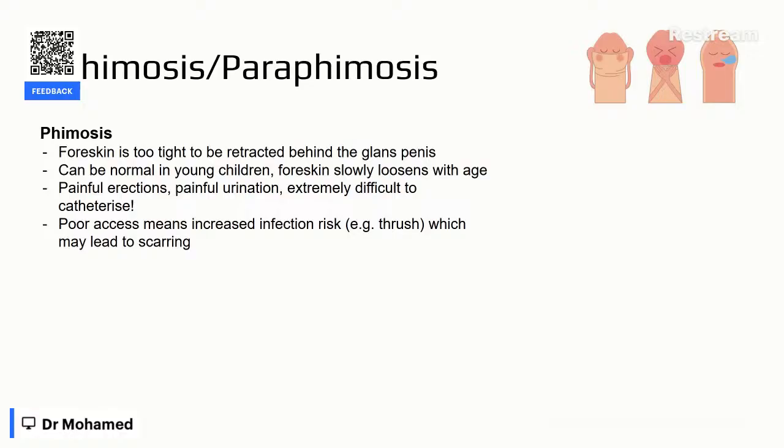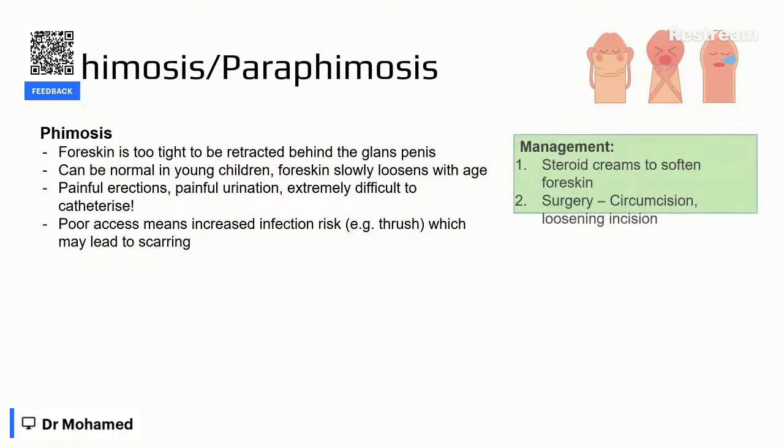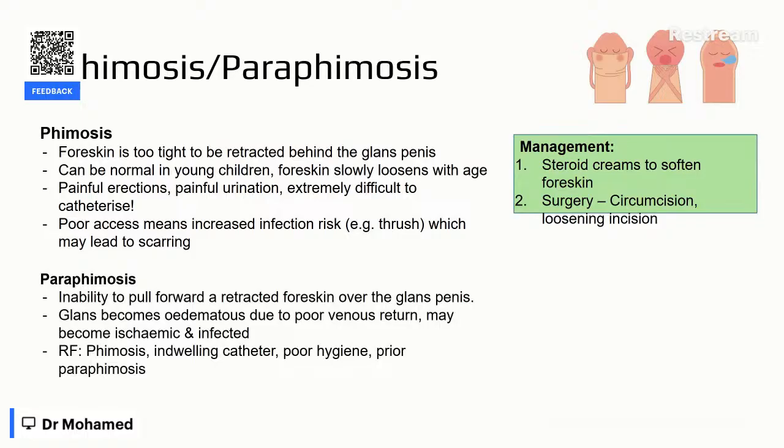On our end, it can be more difficult to catheterize patients. And in terms of hygiene, it might make things more difficult because you can't retract the foreskin, so cleaning will be more difficult. With the management of a phimosis, you can offer steroid creams to soften the foreskin.